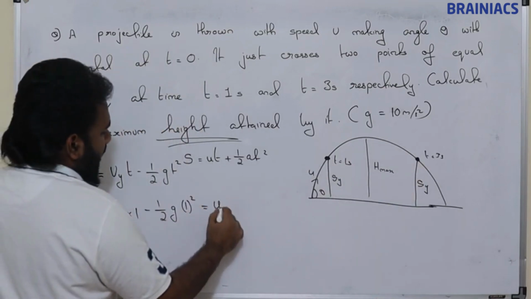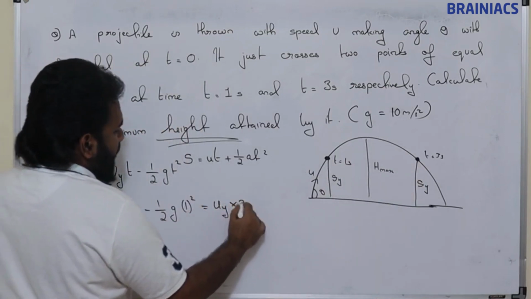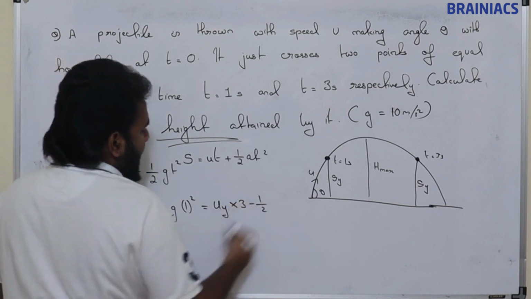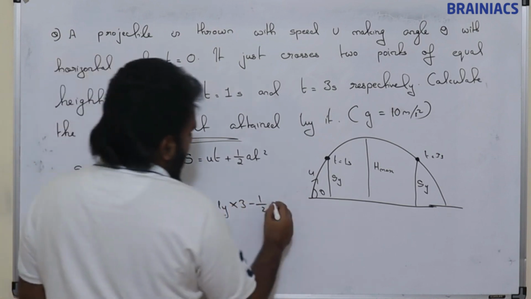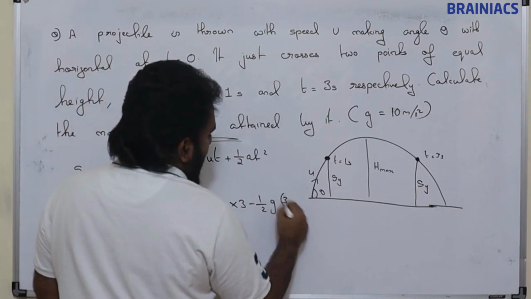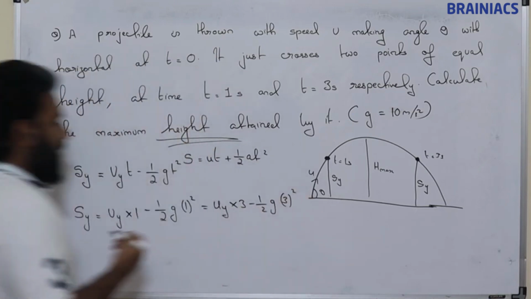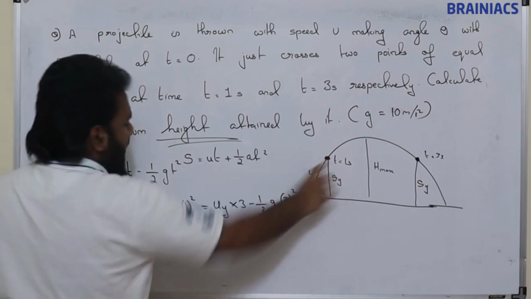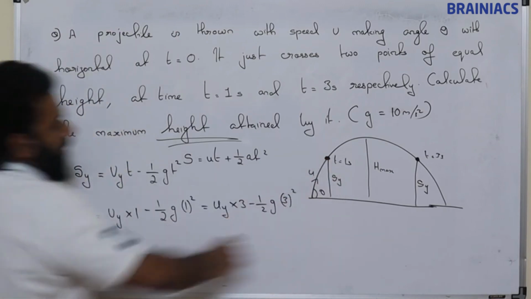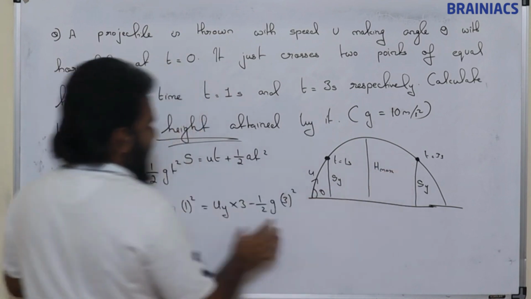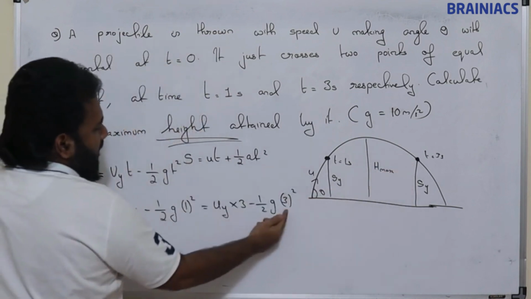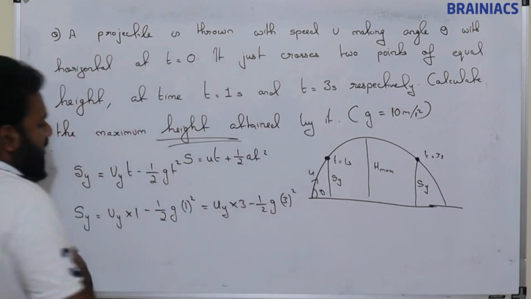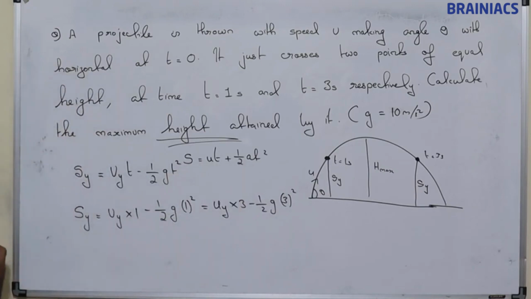So that is going to be uy into 3 minus half into g into 3 square, correct? Considering this height, we have put this formula. Only thing is there is a difference in the time.